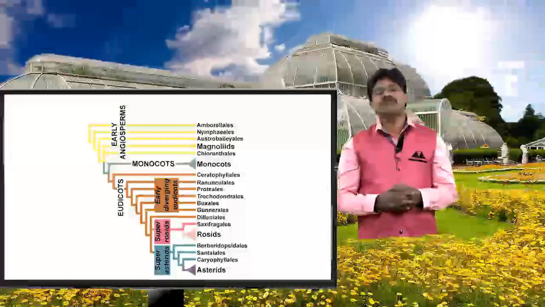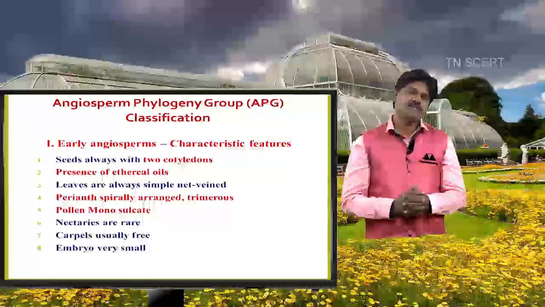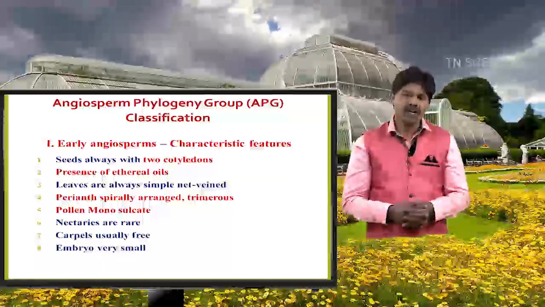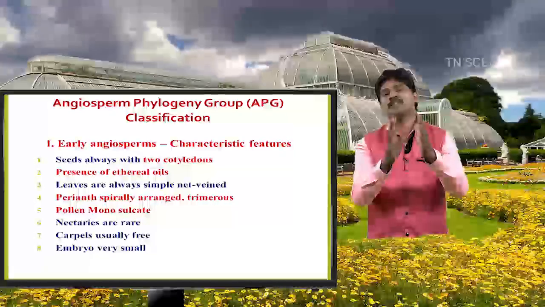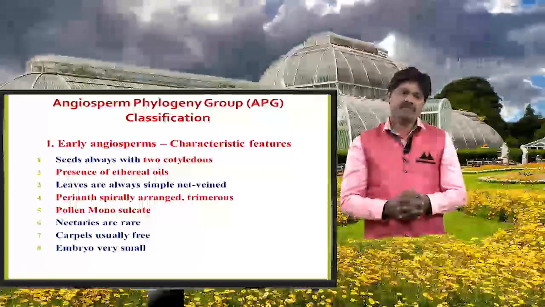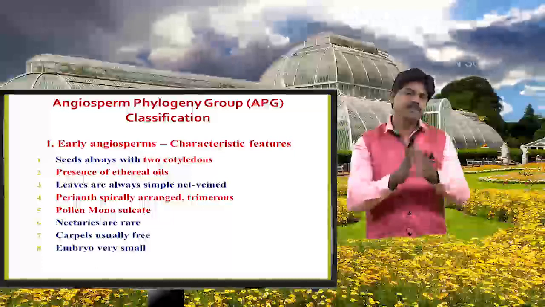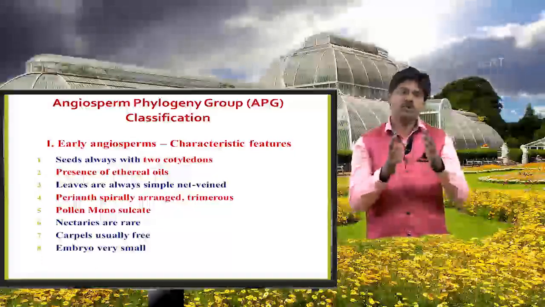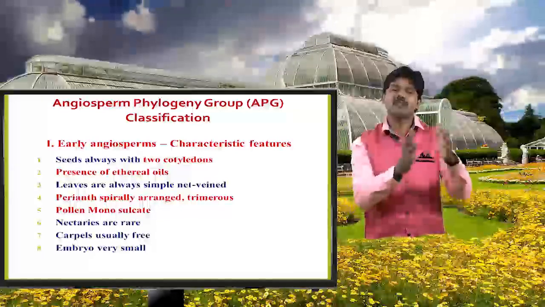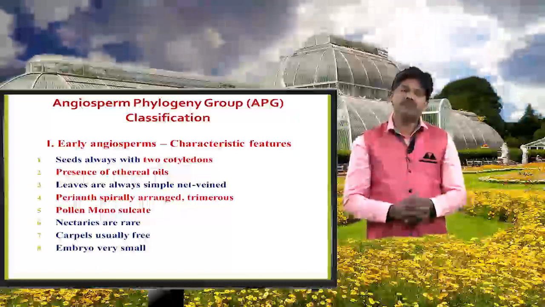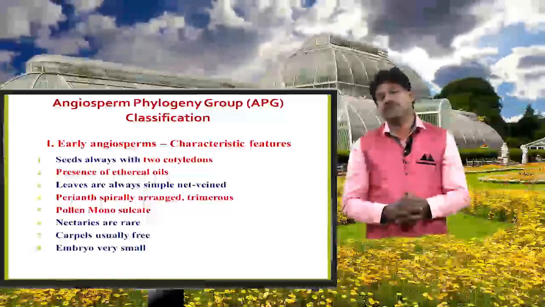Okay, next, the early angiosperms: 2 cotyledons, monosulcate pollen grain, and presence of ethereal oil. Perianth. Actually, the perianth is a character of monocots. Now, the perianth is also a character of early angiosperms, and it is trimerous.